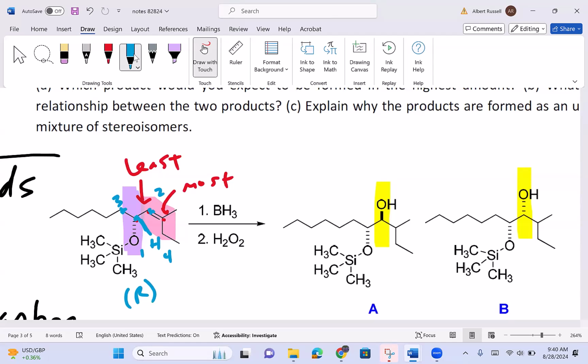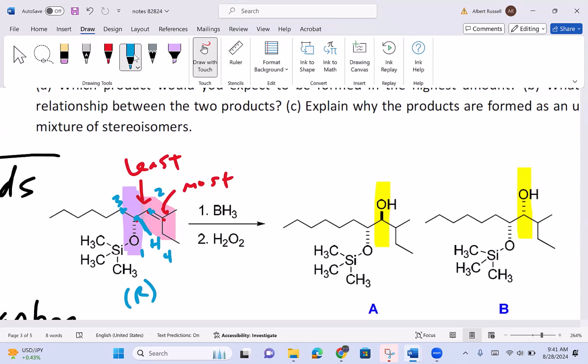We're looking at C now. Why is there an unequal mixture? Because we took something chiral and reacted it with something achiral. That's one of the two ways to get an unequal mixture of stereoisomers. Take something chiral and react it with something achiral, or use a chiral catalyst, which we've already talked about. And that's not the case here. Everybody okay with that?